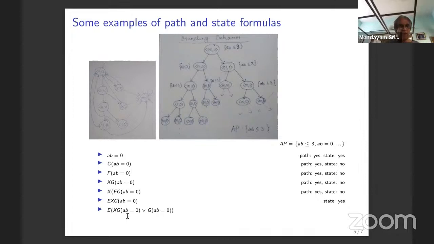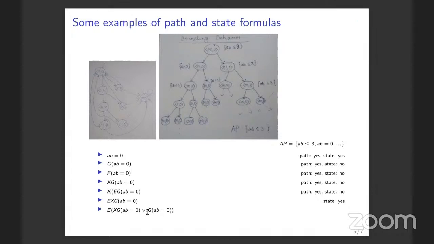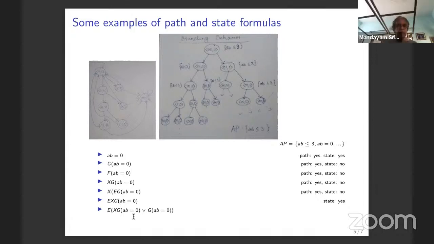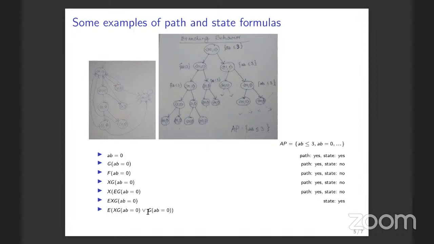You see, you have to look at the subcomponents. This is a disjunction of two subformulas. What is the second disjunct, the one starting at G? Is that a state formula or a path formula? That is a path formula, correct?